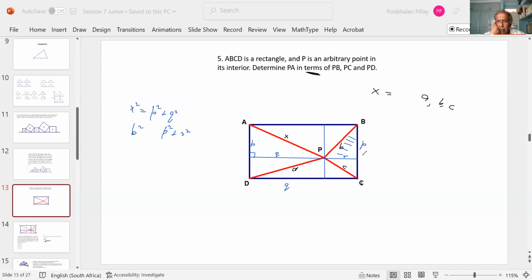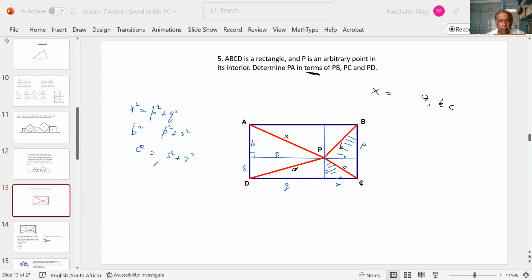So if this is R, this is also R, because this is a small rectangle here. But I don't have this one, so let's call this S. So C squared in this rectangle here is equal to S squared plus R squared. I want to use Pythagoras many times. So if this is S, this is also S here.